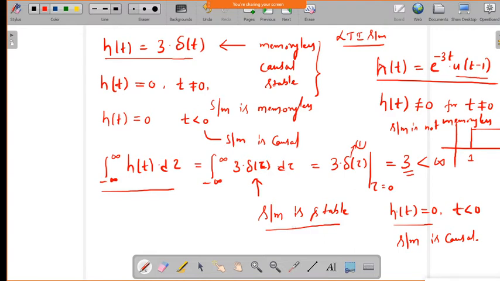Similarly, you can find out whether the response h of t is bounded, then you can say whether the system is stable or not.